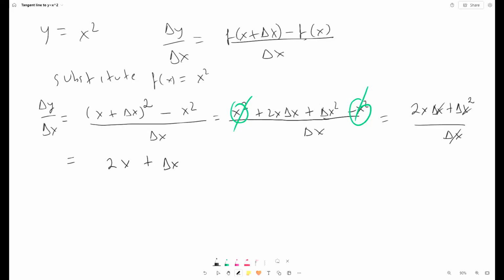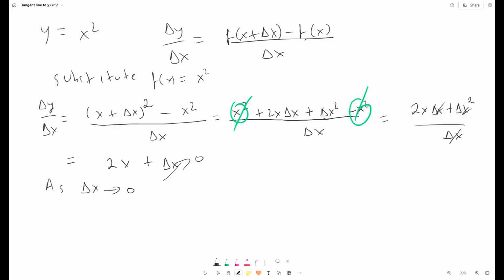And now we can say, as delta x approaches 0, that means as the points of the secant line come infinitely closer to each other, delta x approaches 0. That means this term approaches 0.